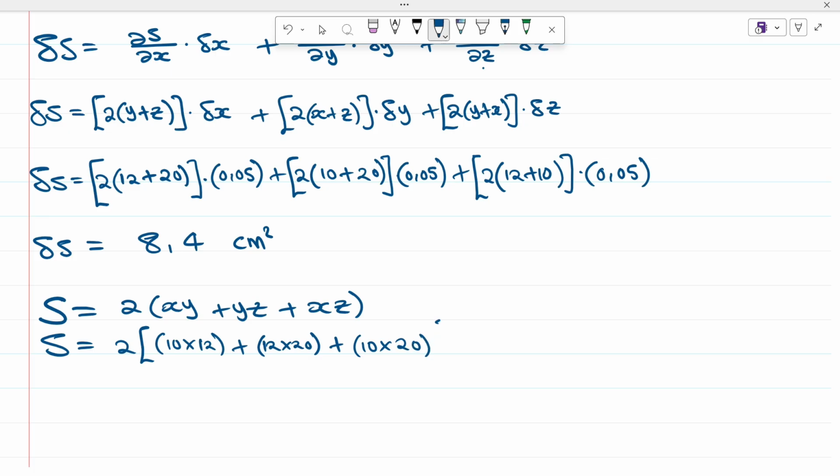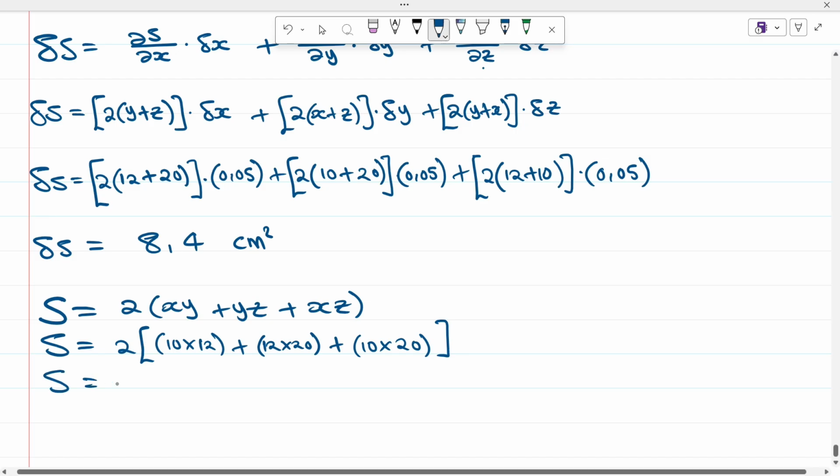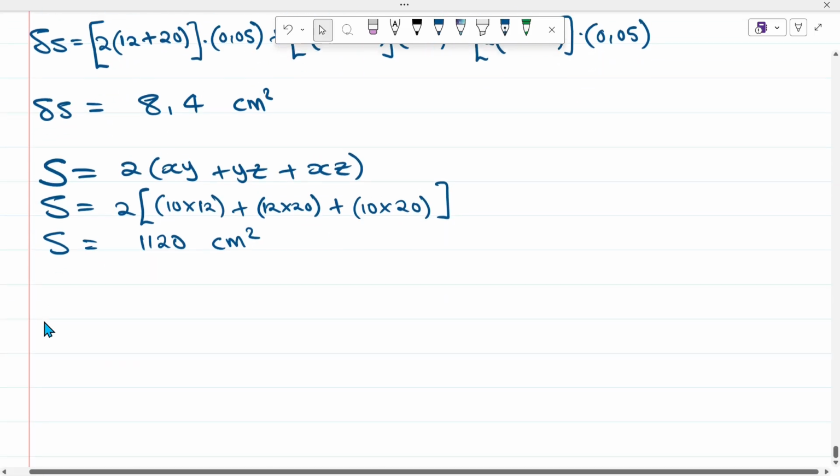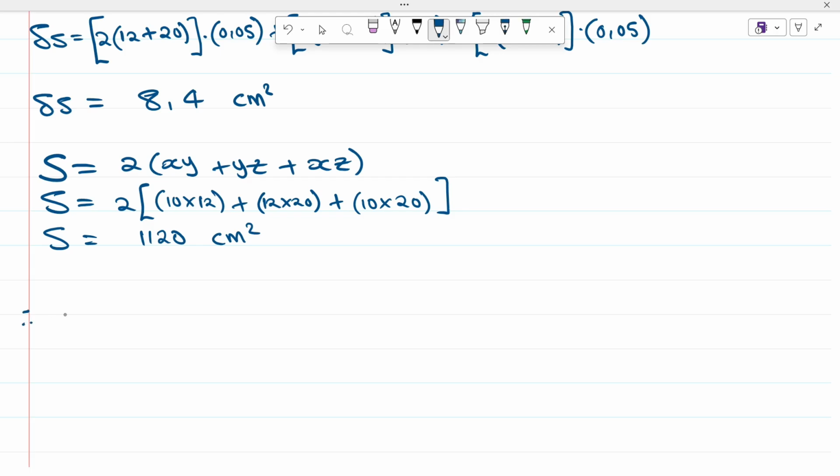We close the bracket and get that our total surface area is 1,120 square centimeters.